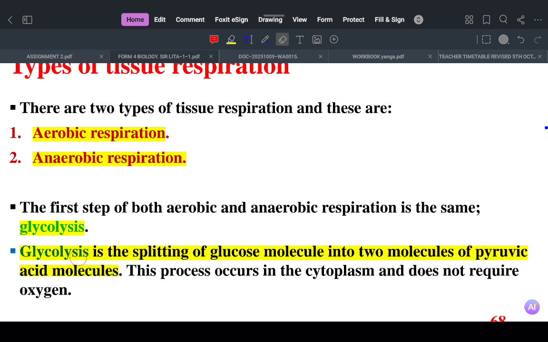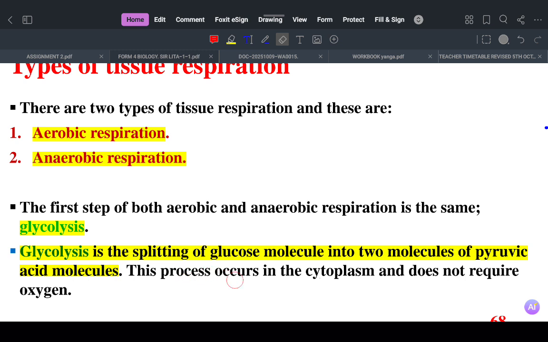So first and foremost, whether you're looking at aerobic respiration or anaerobic respiration, each glucose molecule is broken down into a different molecule which is called pyruvic acid.